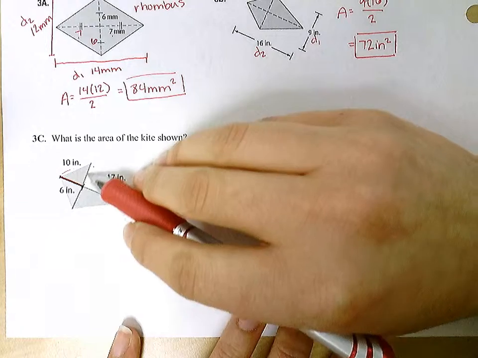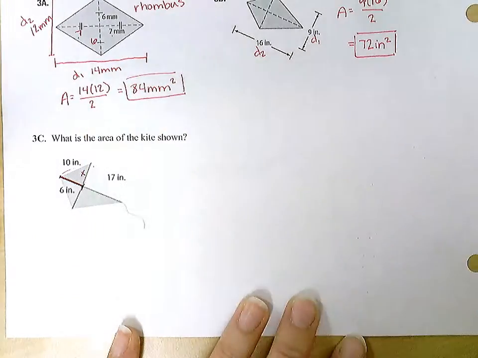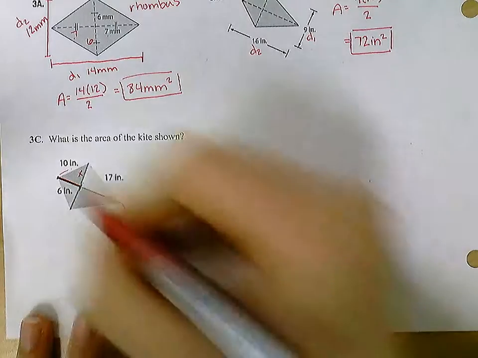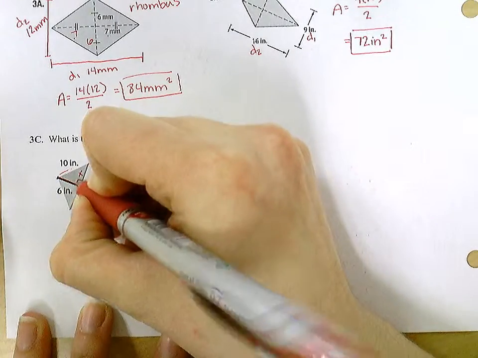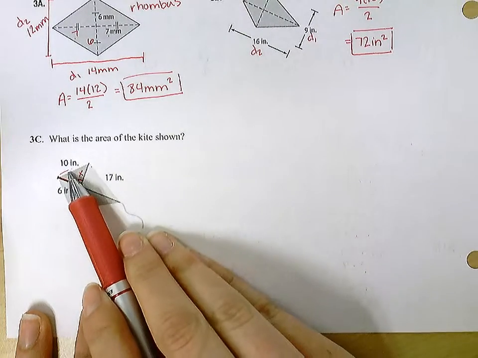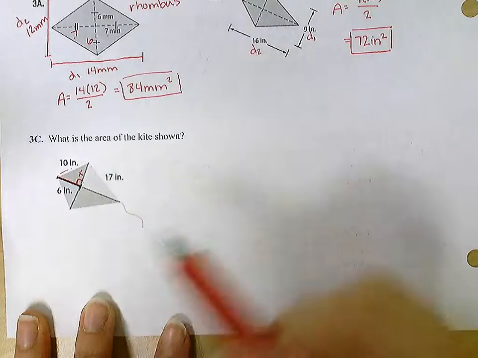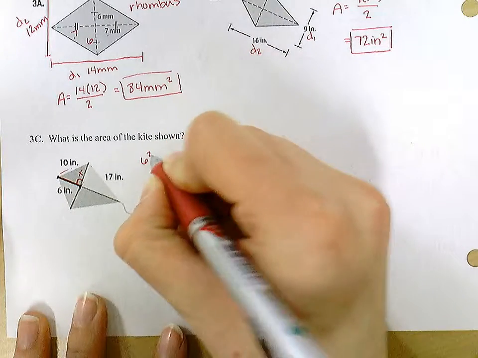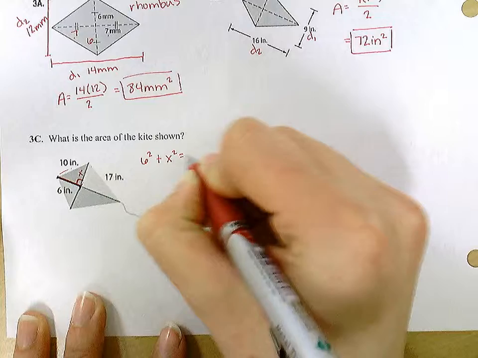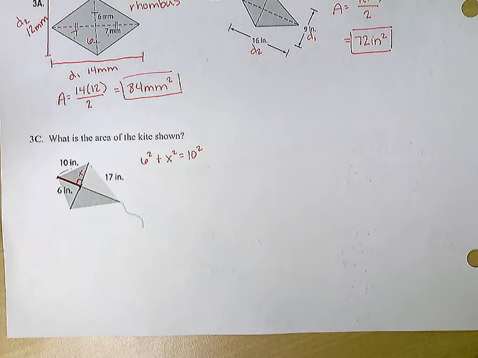Now, what I can do first to find this diagonal, okay, is use the Pythagorean theorem. Okay, again, your diagonals are perpendicular. And I know this length here is 6 and that length is 10. Okay, so I'll label this one as x. So we would have 6 squared plus x squared is equal to 10 squared using the Pythagorean theorem.